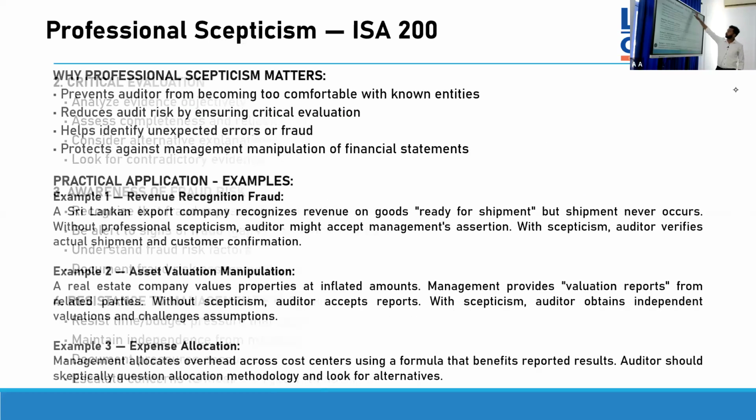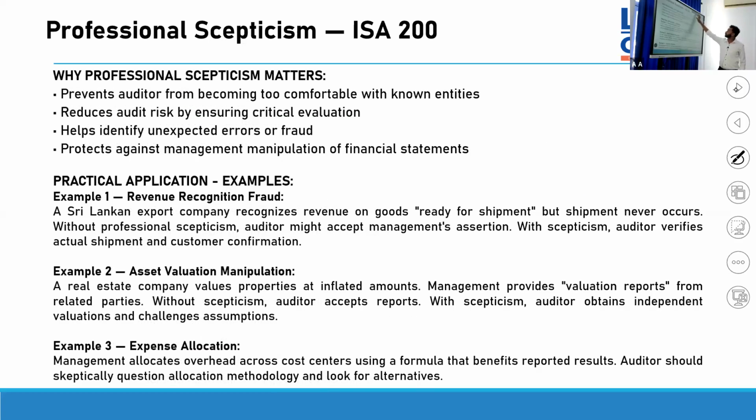These are the components of professional skepticism. Why does professional skepticism matter? Because it prevents auditors from becoming too comfortable with known entities.